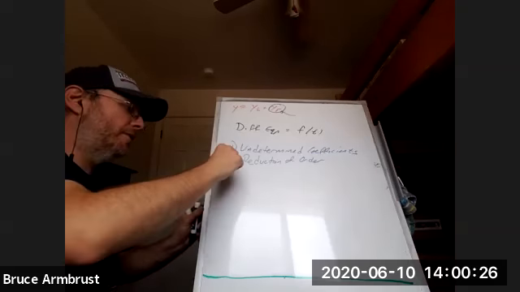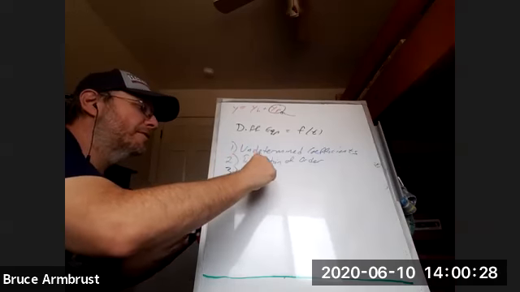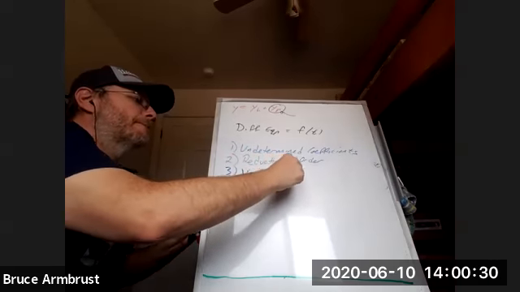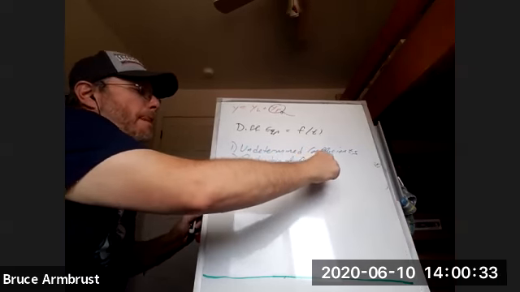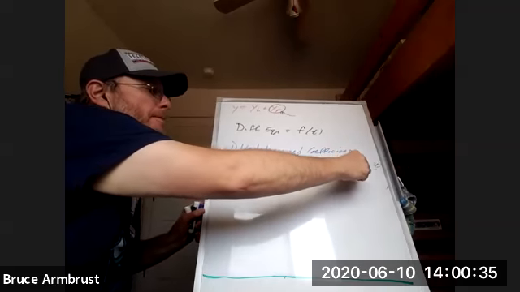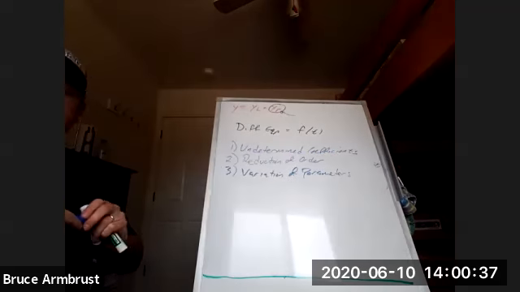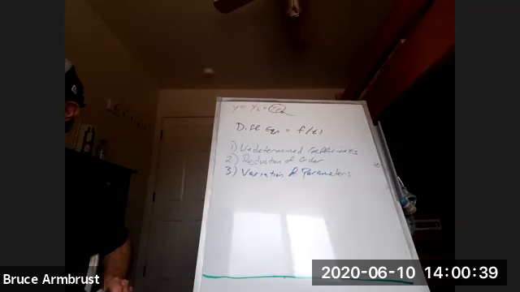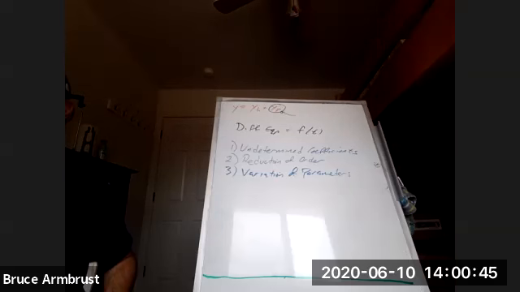Another one that we did was variation of parameters. That was the one where we made the matrix, the Wronskian, and we used kind of the determinant of that.